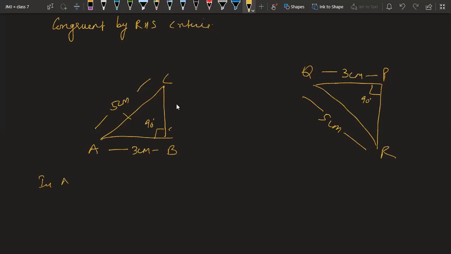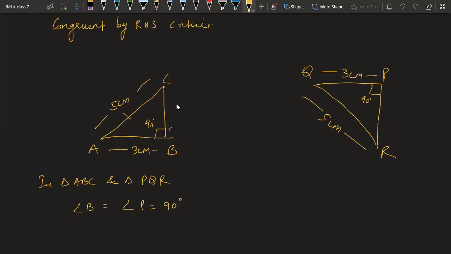We can say in triangle ABC and triangle PQR, the first thing given to us is angle B is equal to which angle, class? Angle B equal to angle P, and by luck, they both are 90 degree angles.